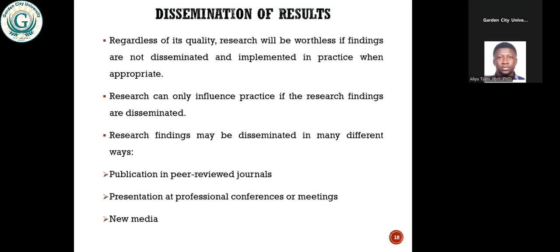Now, in our context, as part of our educational qualification towards the BSc in nursing, after we've conducted all these studies, when we are disseminating our results, we will have a presentation, which we call the thesis defense. So we will all come in person in our group and tell the judges the sort of work that we have done, how we went about this work, and its possible health implications and so forth.